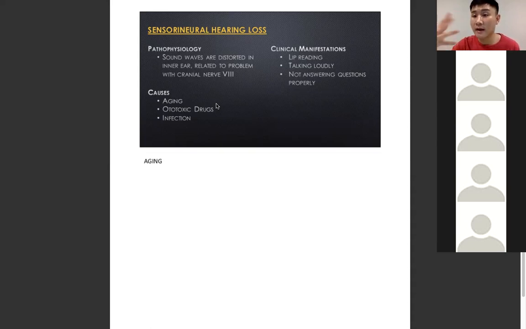The patient will talk loudly. You know, like when we put on our AirPods, we usually talk very loud because we can't hear the volume that we're projecting. Also, they answer the question improperly, not related to what we asked them. Mostly the cause of this is aging.